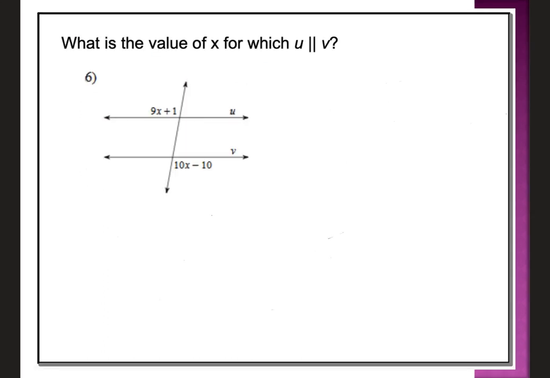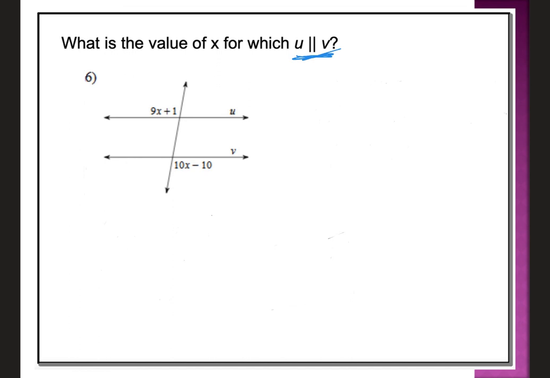All right, let's do one more. Okay, not same exact problem, but same exact process. Okay, we need to recognize what our angle relationship is, and then write an equation that forces it to match the theorem. So what value of x will make u parallel to v?